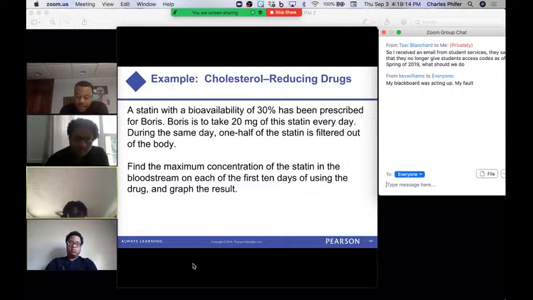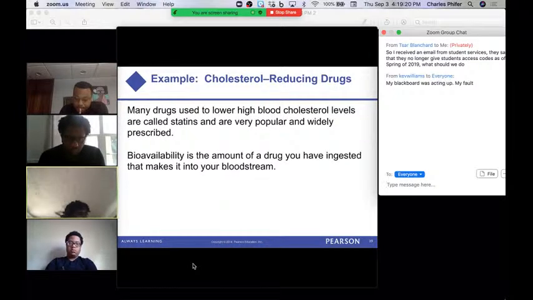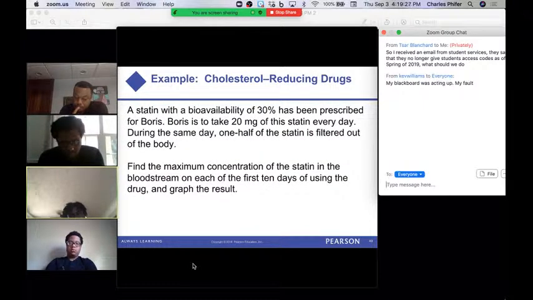During that same time, half of the statin is filtered out of the body. So like in 24 hours, he's going to have, what, half of it remaining? So if he takes 20 on the first day, after 24 hours, 10 is going to be left over. But I'm not sure about what the 30% means.